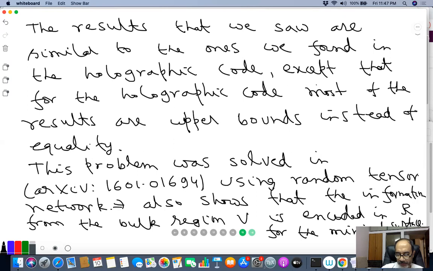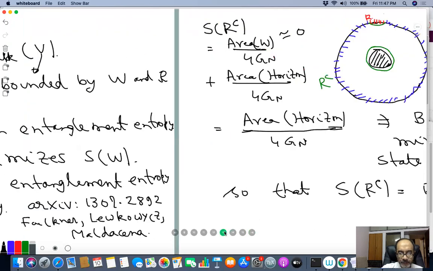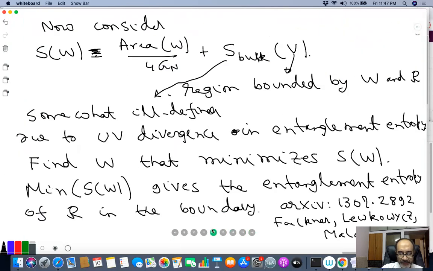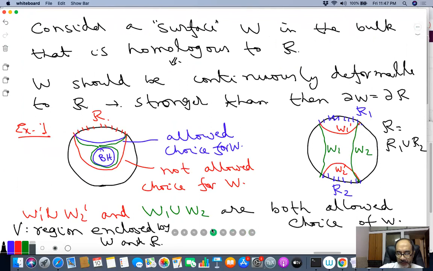This is what is called the entanglement wedge hypothesis. Let me remind you what V was. V was the region between R and the minimal surface. If the minimal surface is this one, then V is this region.